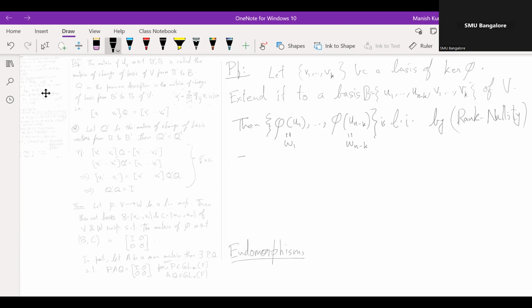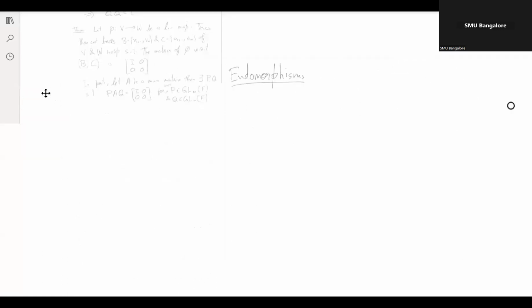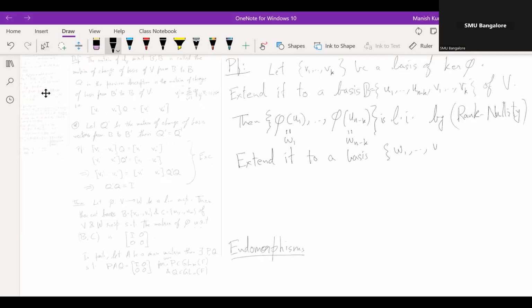So extend it to a basis of W. Remember W has dimension m. So you go to n minus k, and then W n minus k plus 1 up to W m. Extend it to a basis of W. So this is our B, and this will be our C.